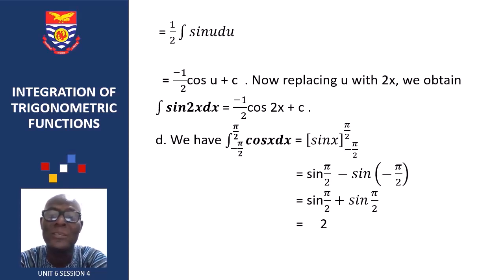So we put the upper limit pi over 2 into sine x minus we put the lower limit negative pi over 2 into sine x, which gives sine pi over 2 minus sine of negative pi over 2. Now sine pi over 2 is the same as sine 90, which is 1. And minus sine negative 90 is negative 1 times negative, which is plus. So which gives 1 plus 1, and that is 2.